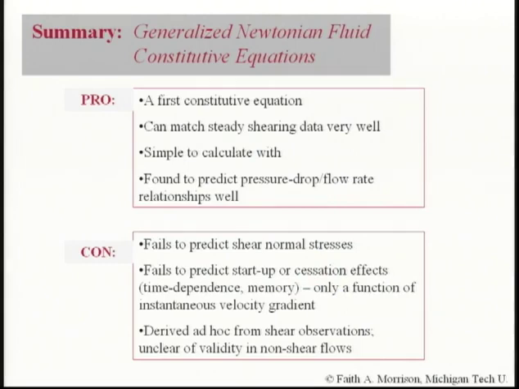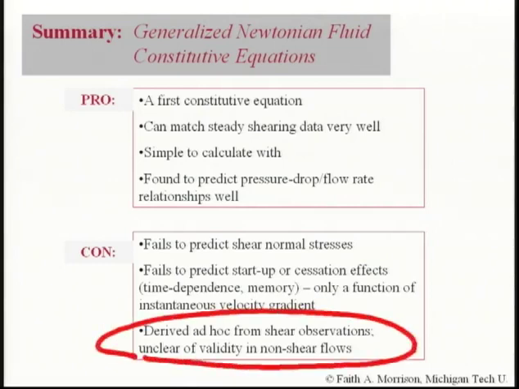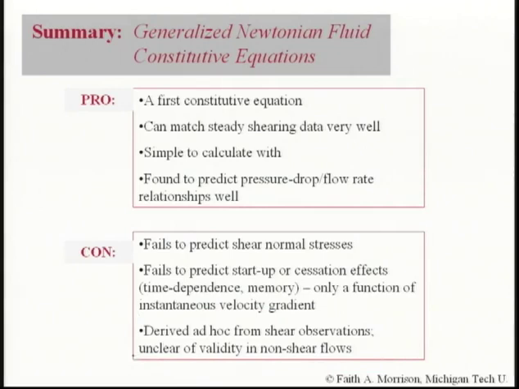One other disadvantage of the generalized Newtonian fluid model is that we just created this out of thin air. We said, I have a Newtonian model I'm rather fond of. It's wrong because it predicts a constant viscosity.